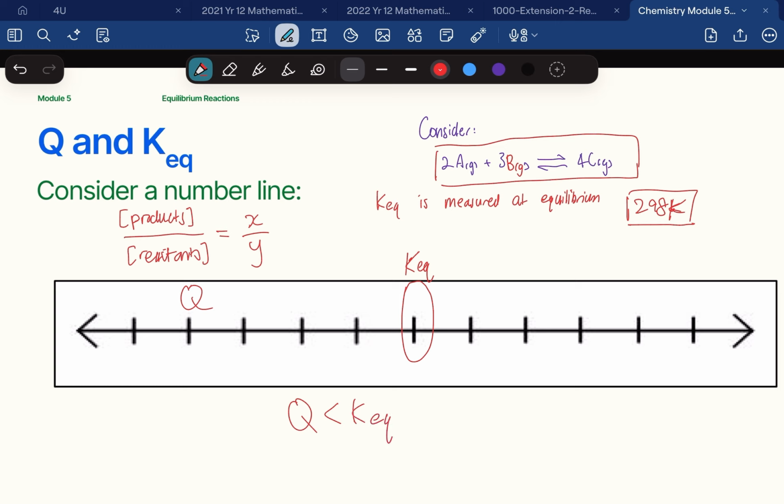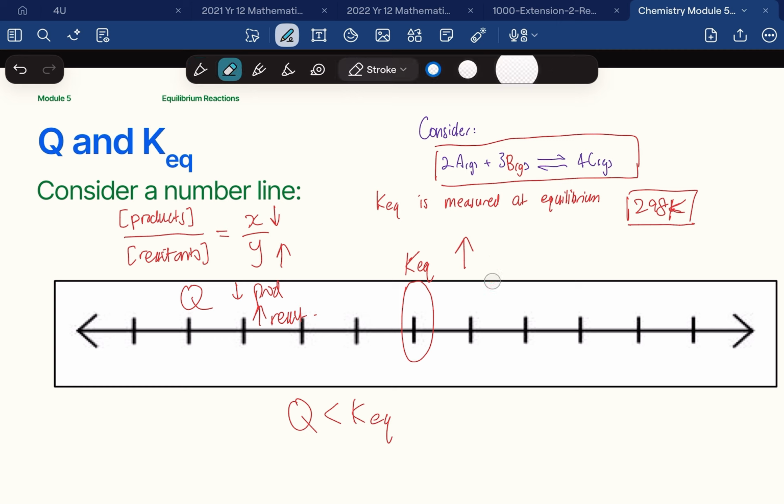That means there will be more products concentration and less reactants concentration in KEQ. However, since Q is lower, there's going to be a higher amount of reactants and a lower amount of products, because that makes the fraction smaller.